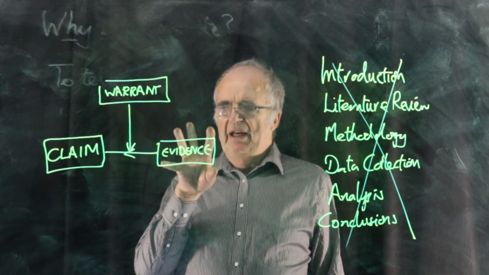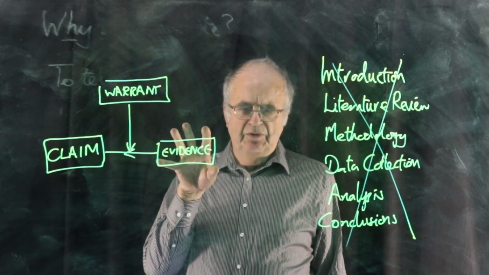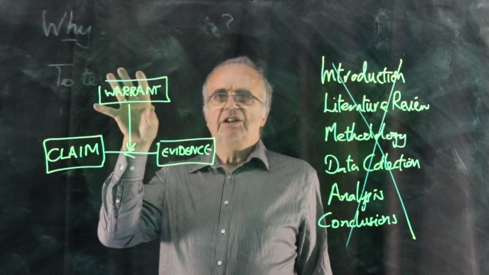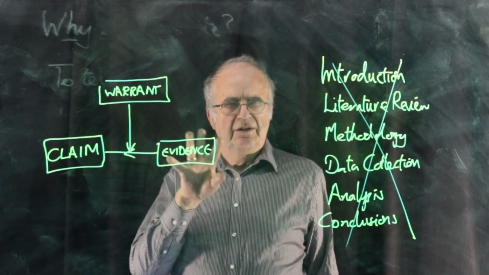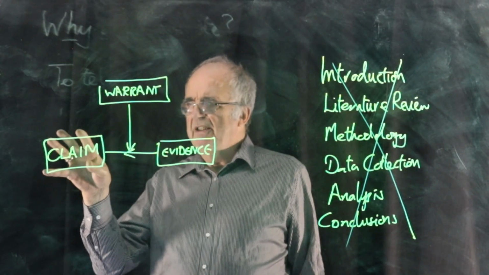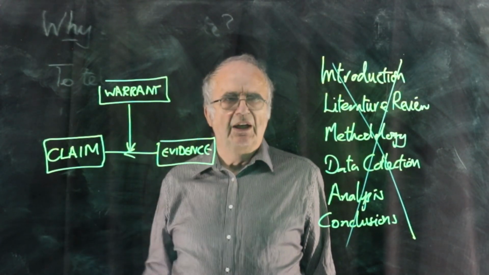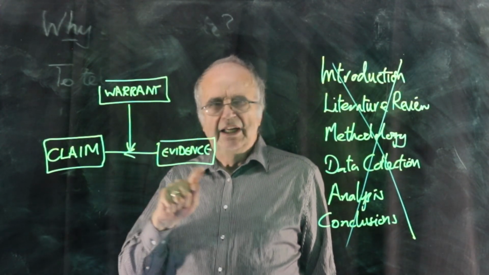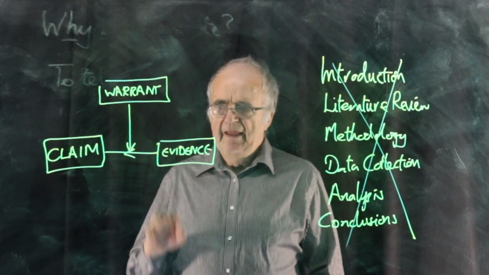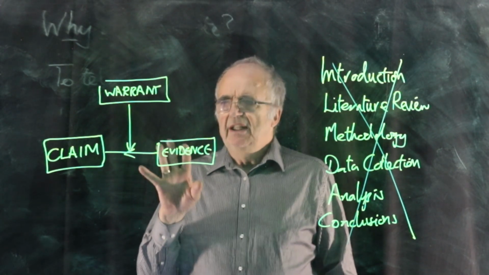Evidence, you'll collect evidence about children who have experienced corporal punishment, children who haven't, and the warrant is you'll explain that this is a scientific design of an experiment where if you change one of the inputs, you expect to see differences in the outputs. So it's a specific example of a general claim that you can work out what is affecting people by changing the circumstances in which you're studying them. So that's the second part.